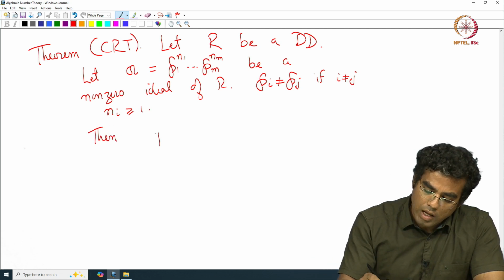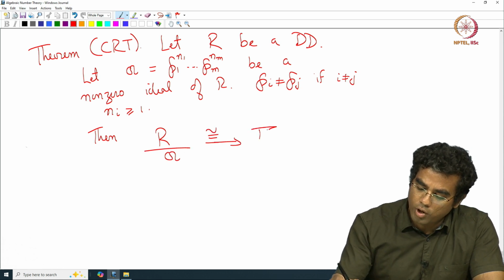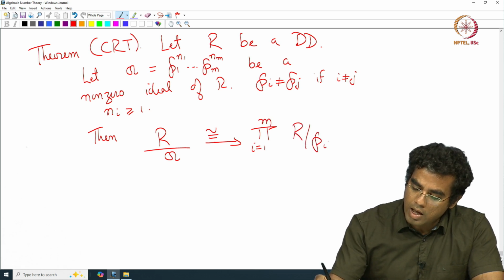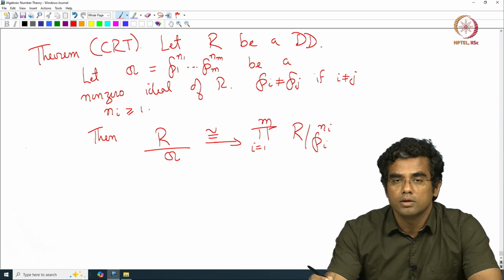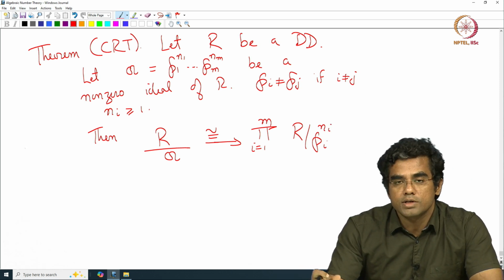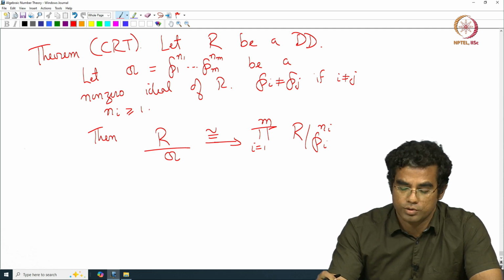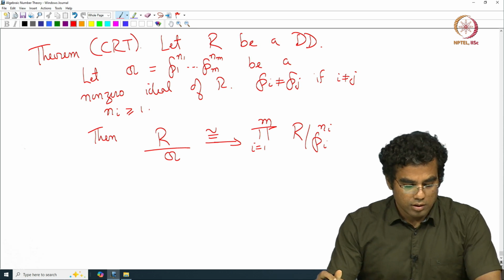Then R modulo A is isomorphic to the product i going from 1 to m of R modulo Pi to the Ni. Okay. So, this reduces exactly to the Chinese remainder theorem over Z when R is equal to Z. Okay. All right.